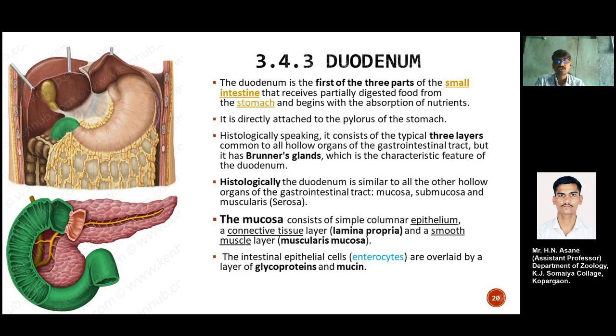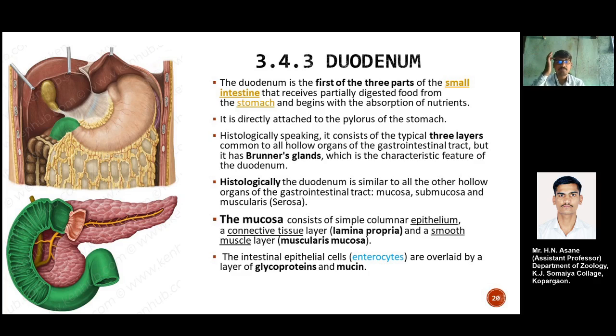The duodenum is the first of the three parts of the small intestine. The three parts of the small intestine are the duodenum, then the jejunum and then the ileum.